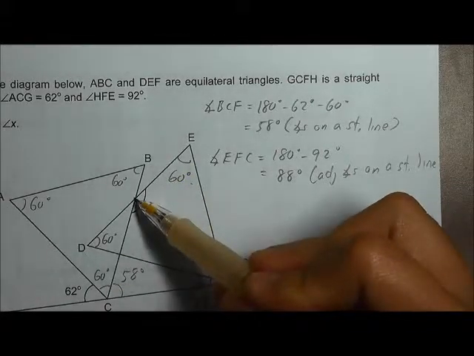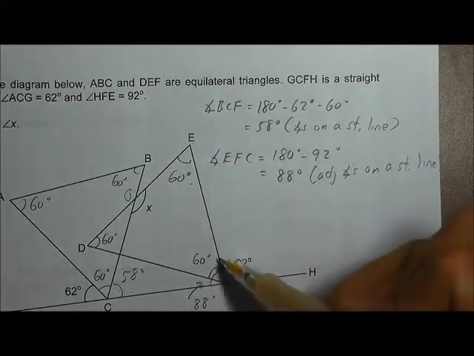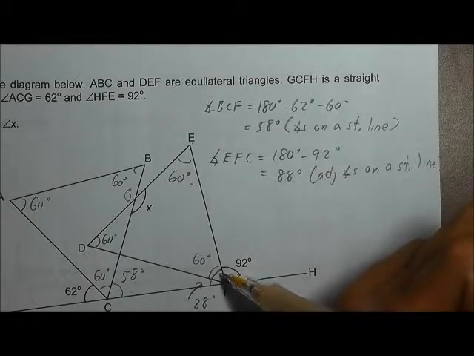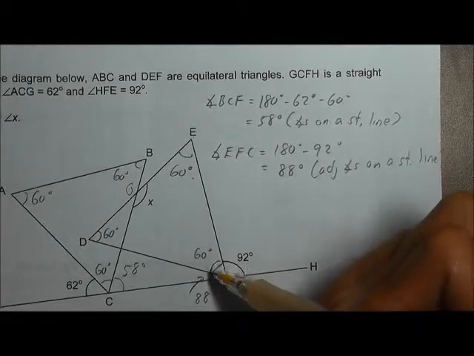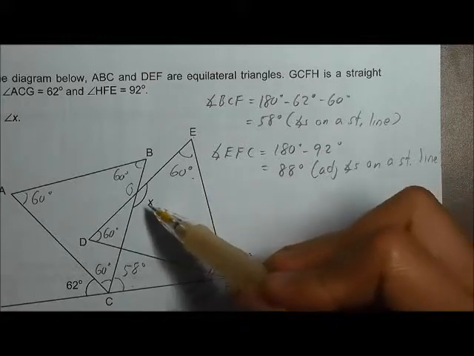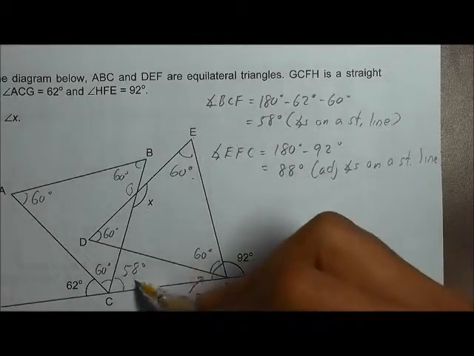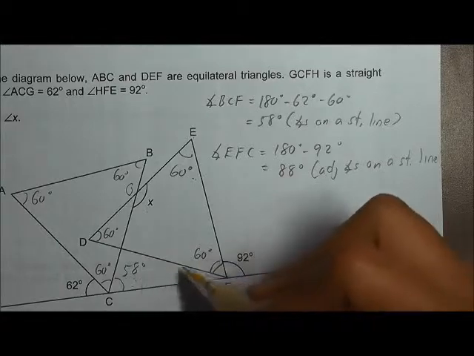Okay, so let's look at this. C to this point here, maybe we call this O. COEF is actually a four-sided figure. It's a quadrilateral. So any quadrilateral, if you were to add up all the interior angles, which is 88 plus 58 plus 60 plus angle X, it should give us 360 degrees. So we have these three angles here. We can just take 360 minus off these three angles.